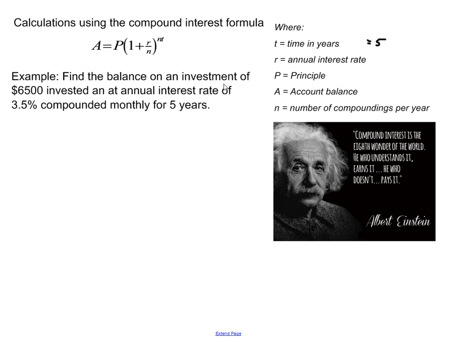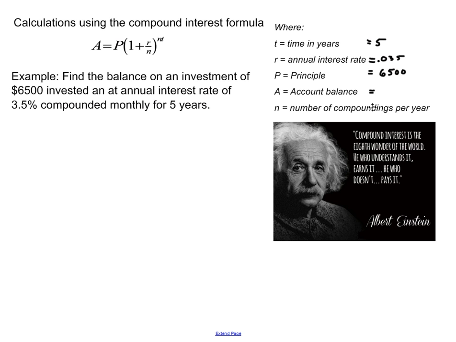Our annual interest rate, well, it's 3.5%, but whenever you enter your annual interest rate, we always give the decimal form of that, so we're going to write it as 0.035 to operate with this model. Principal, well, the principal is the amount of money that we actually put into our account to start it off, and so we're going to start with a principal of $6,500.